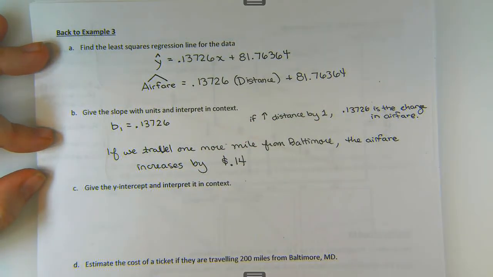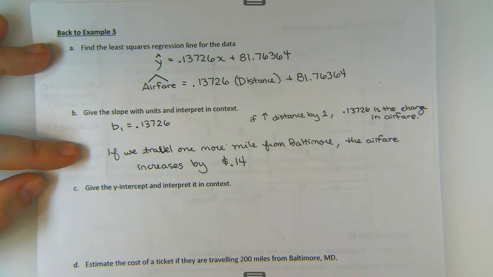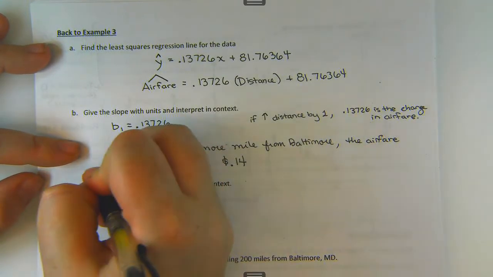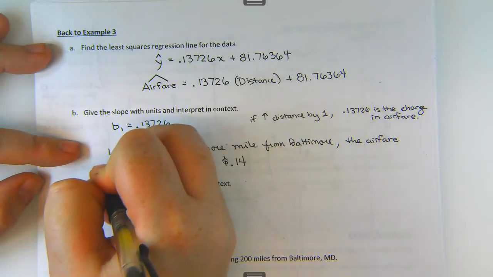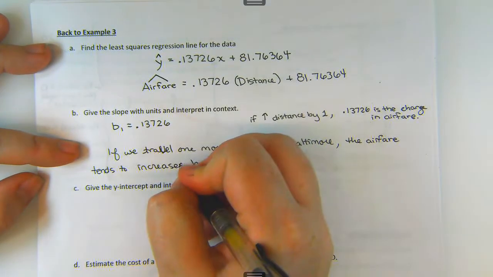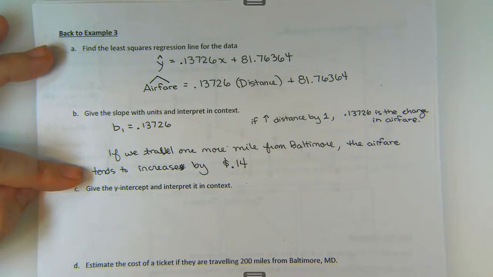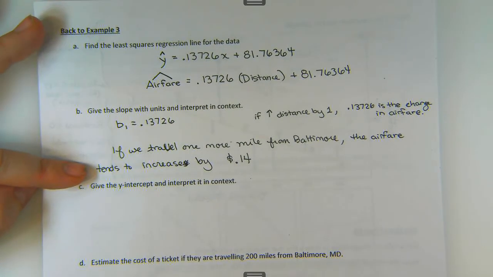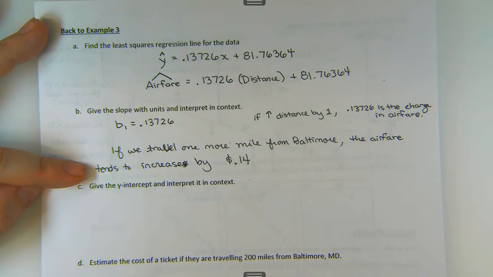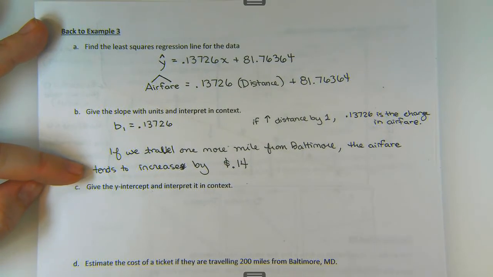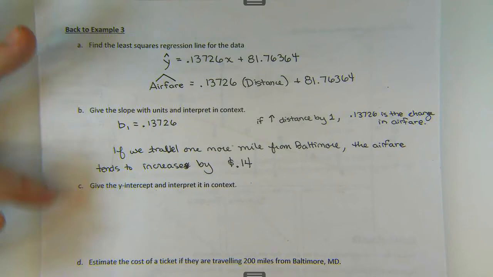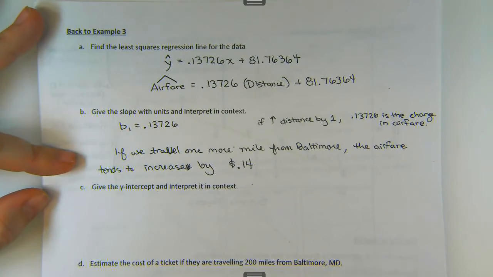And something we might want to throw in there: the airfare tends to increase by that much, just because this is all prediction. We're working with a moderate strength here, so it's not definite that it will increase by 14 cents, but there's a trend. It tends to do this. So with these interpretations, it's always good to throw in that kind of loose wording.